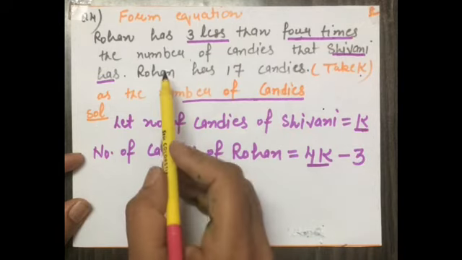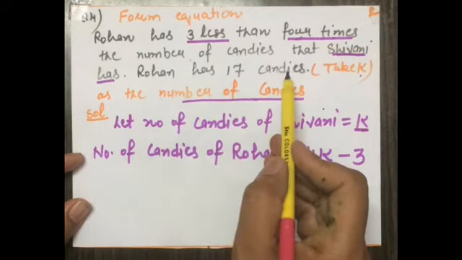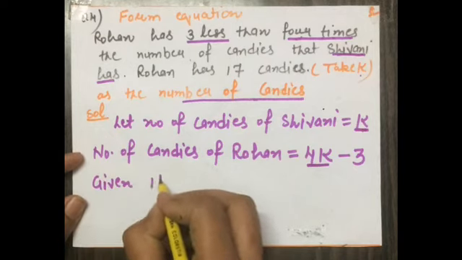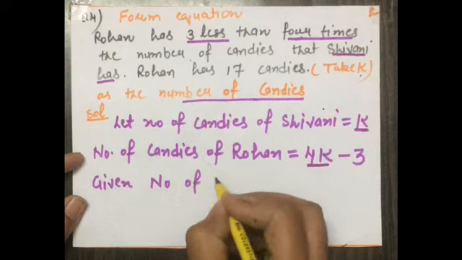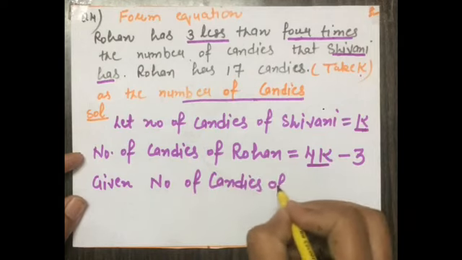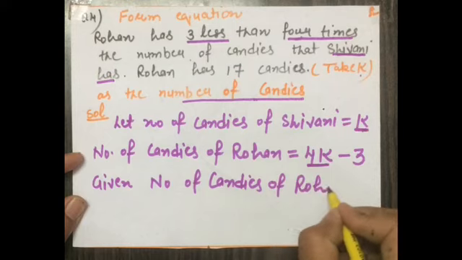Also it is given Rohan has 17 candies. Given, number of candies of Rohan is equal to 17.